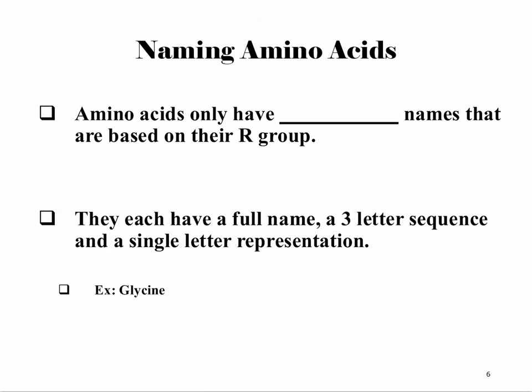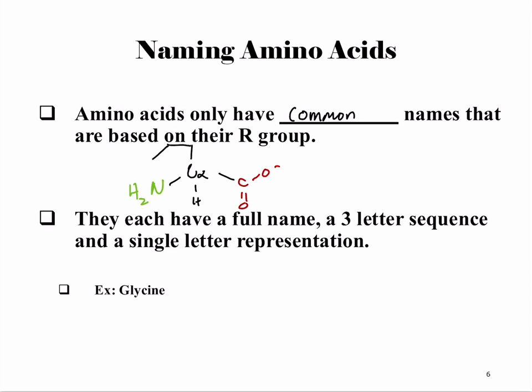The naming of amino acids, again, is based off of the R group. It doesn't follow any particular IUPAC naming. These are all given common names that are based on the R group. So for example, if we have an amino acid that looks like this, this is going to be H2N, alpha carbon, H, and the C terminal of the amino acid.